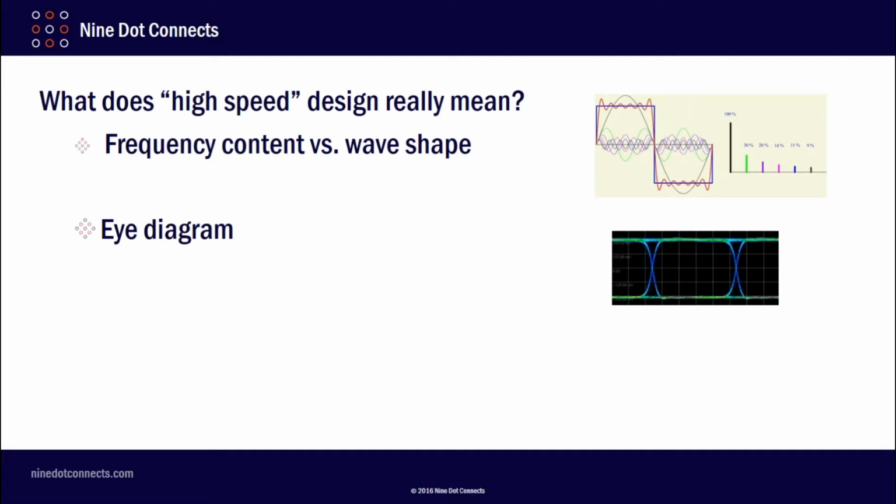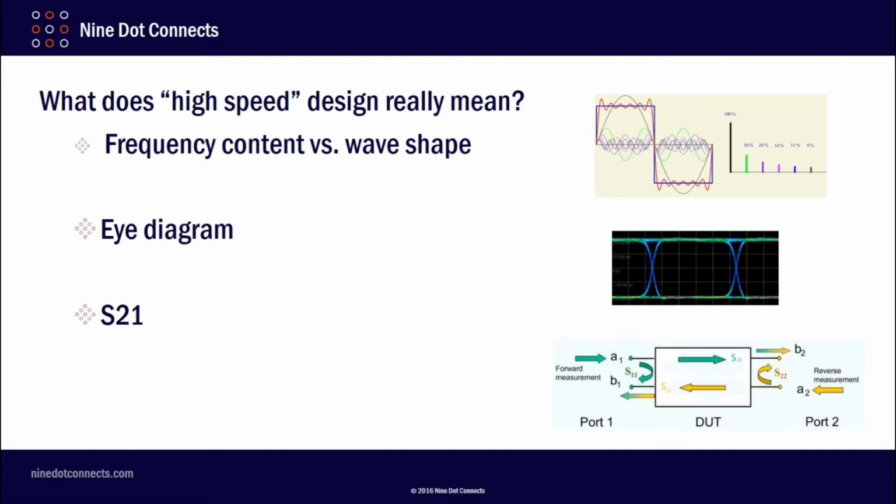Eye diagrams are used to show how well you have effective high-speed designs. We talked about S21 and how it relates the output signals to the input. And then we talked about characteristic impedance, how important it was for you to have proper matching impedances. So all those are covered in the previous 2 webinars I did.